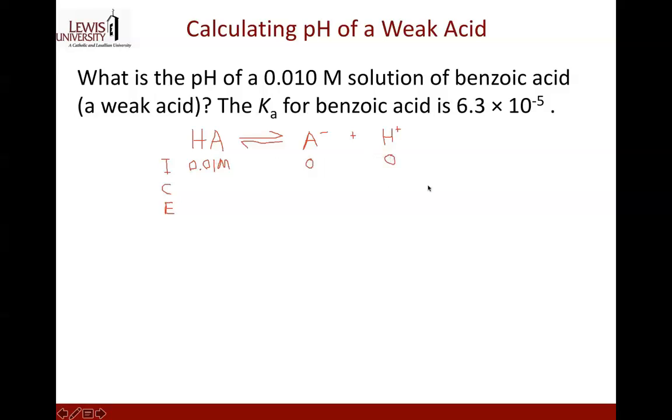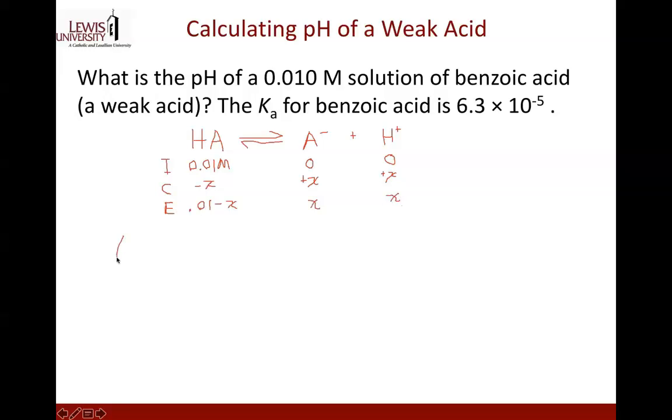However, this will react to dissociate partially. So I'm going to lose a little bit of HA here, and I'm going to gain some A minus, and I'm also going to gain some H plus. Once this thing reaches equilibrium, my expression is 0.01 minus X. That's my equilibrium concentration. And here my equilibrium concentration is just X and X.